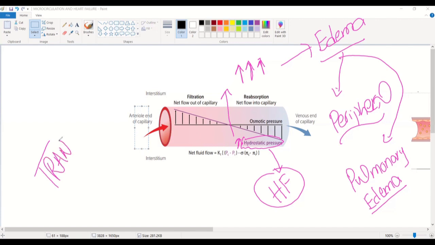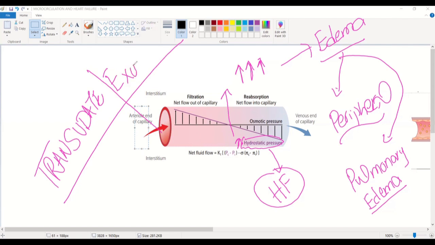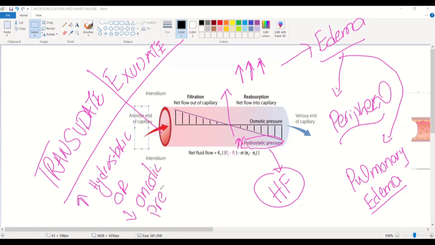This concept is again high yield and it is very confusing. Transudate fluid is any fluid that is due to increased hydrostatic pressure or decreased oncotic pressure. In which conditions is oncotic pressure decreased?